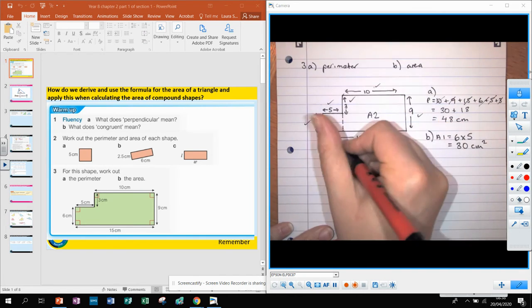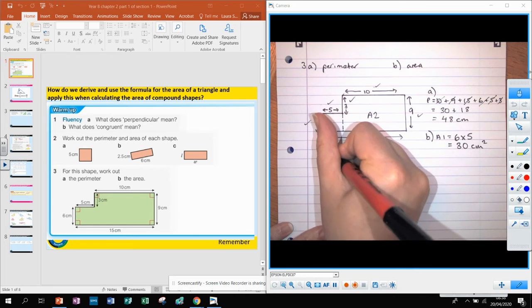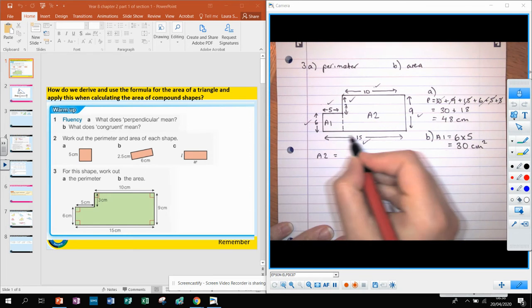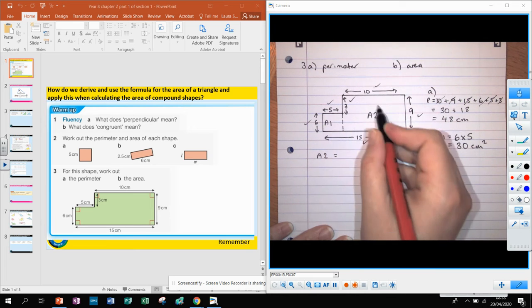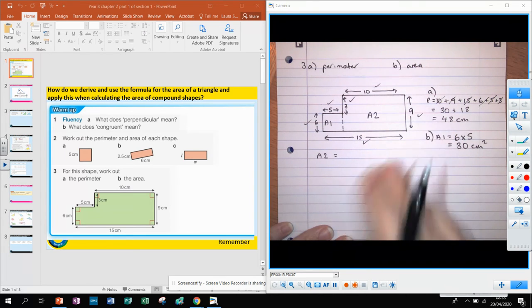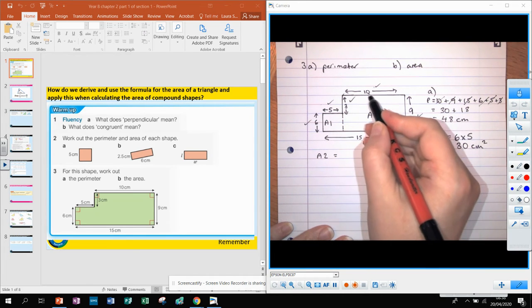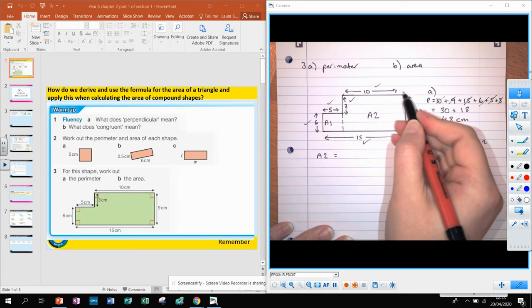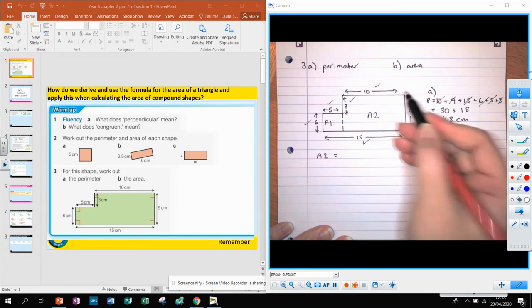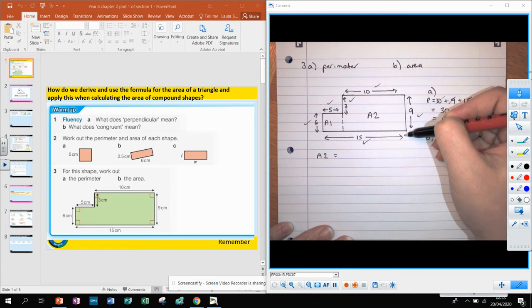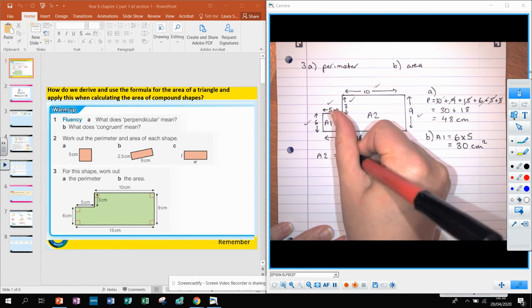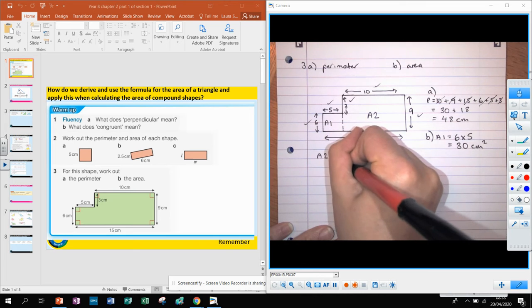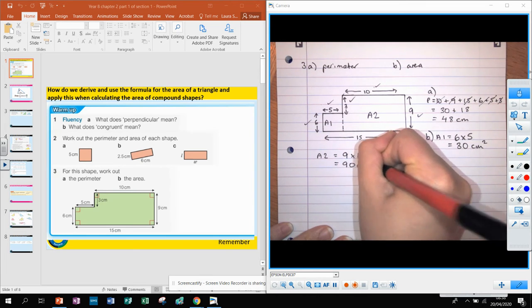If I now look at area 2, I don't want to use the 15 because that includes that second rectangle, and I only care about this one now, so we're not going to use that. Instead, we're using the 10 because that is your width of that rectangle, A2, and 9 because that's the length. Okay, so 9 times 10, which is 90 centimeters squared.